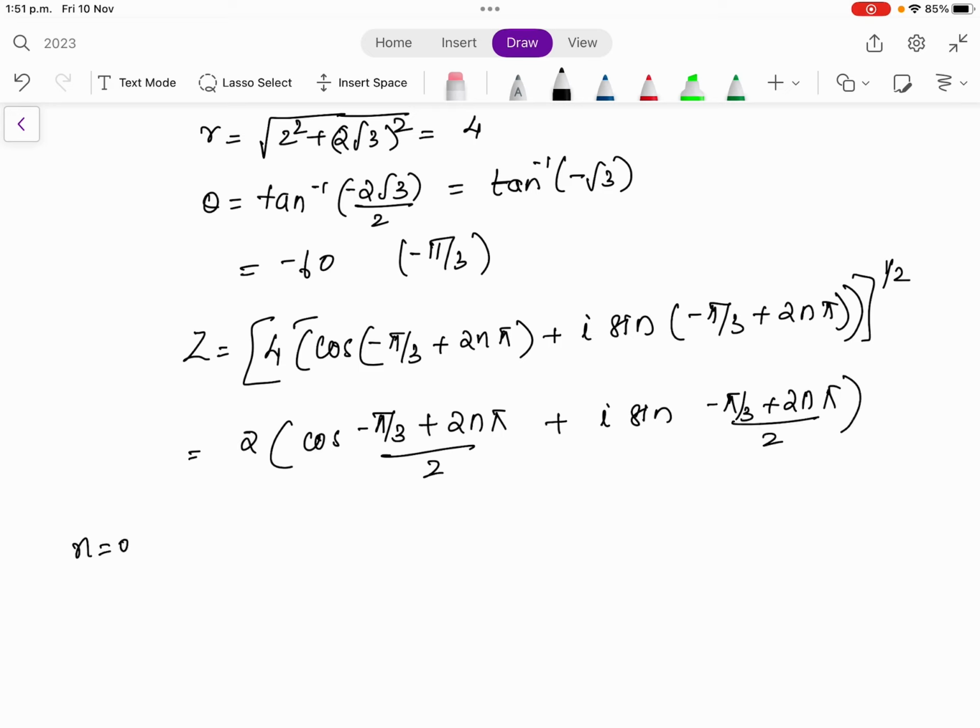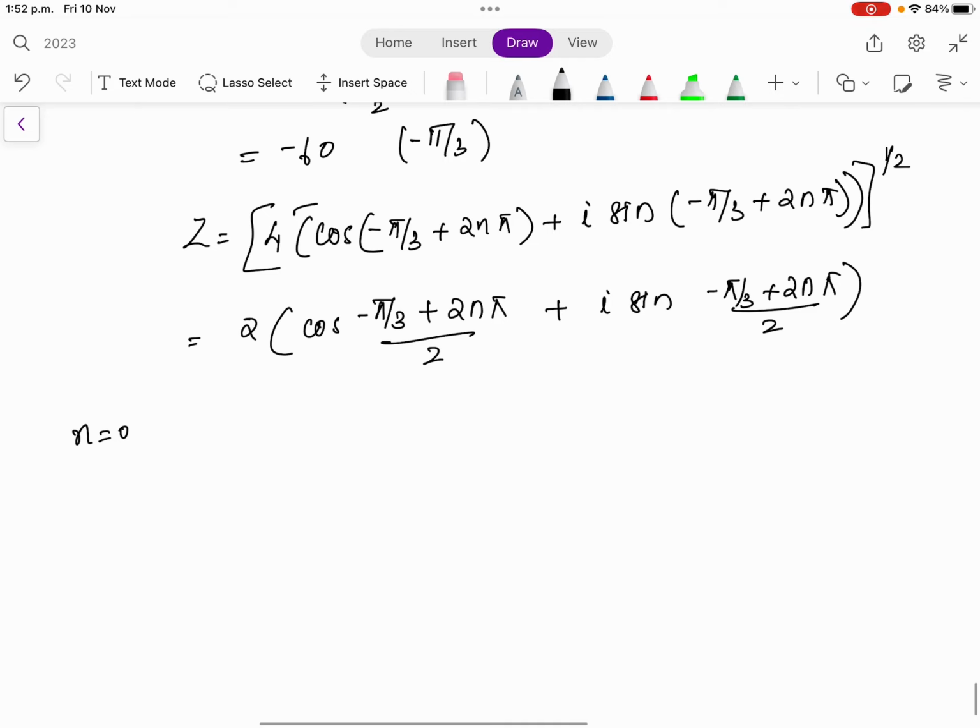Then you need to put n is equal to 0. So z is equal to 2 [cos(minus pi/6) + i sin(minus pi/6)].